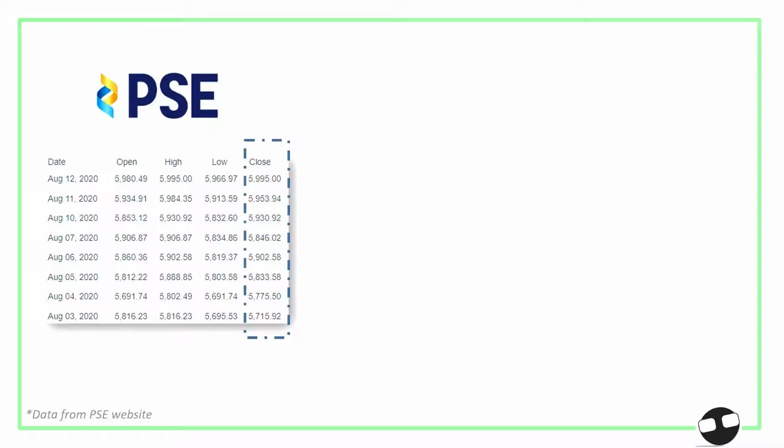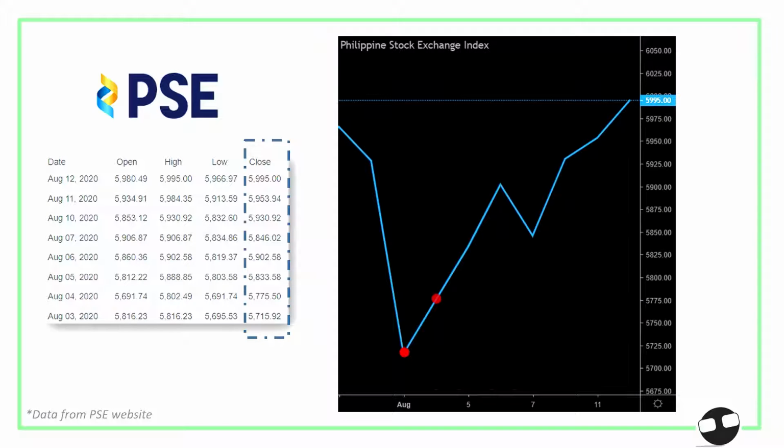August 3 has a closing price of 5,715 points. At the start of August, this is exactly the same value here, around 5,715. On August 4, that's 5,775. This is the second dot here, and so on and so forth.